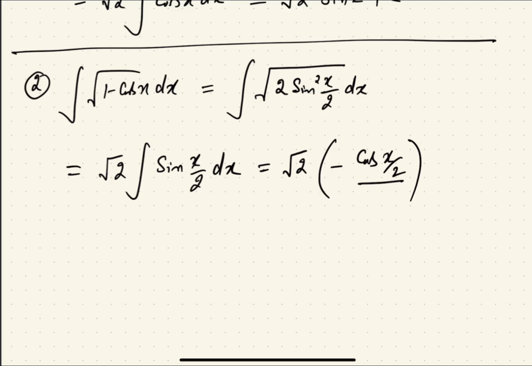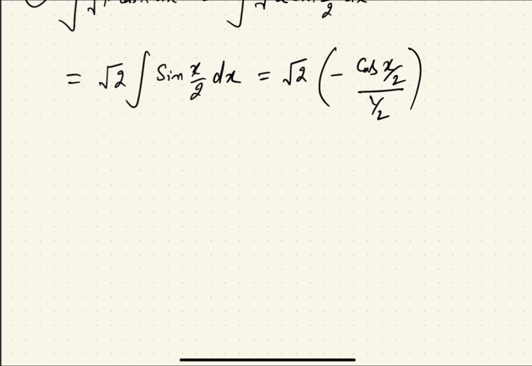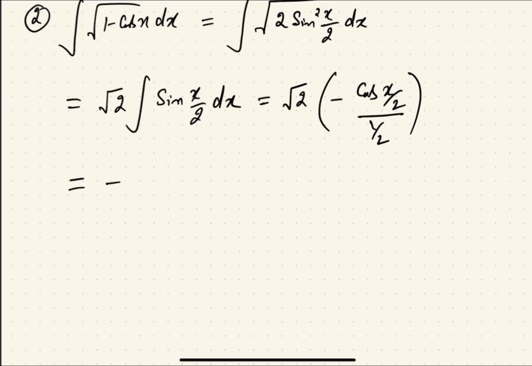The angle never changes in the integral, but you have to divide by the derivative of x over 2, which is 1 over 2, and your answer will be equal to minus 2 square root 2 cosine x over 2. Don't forget c at the end. This 2 goes in the numerator, this 2 comes here, that's why you get this answer.